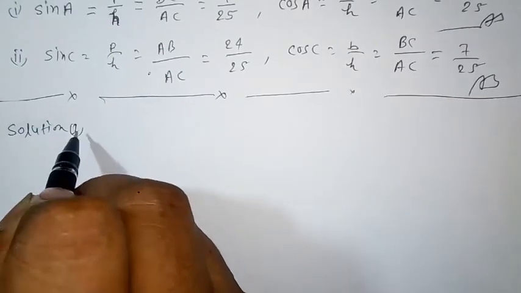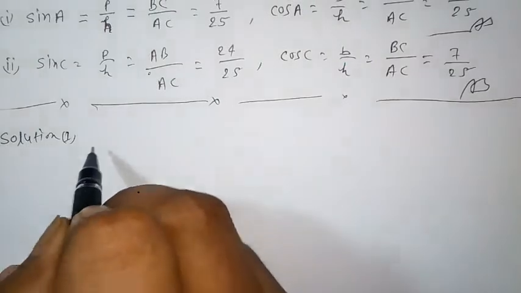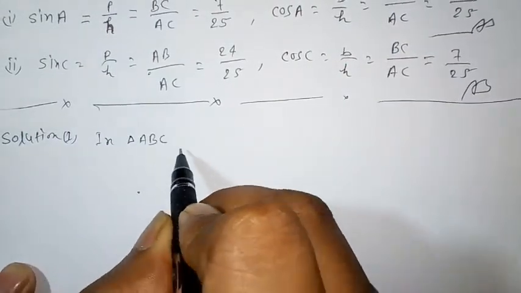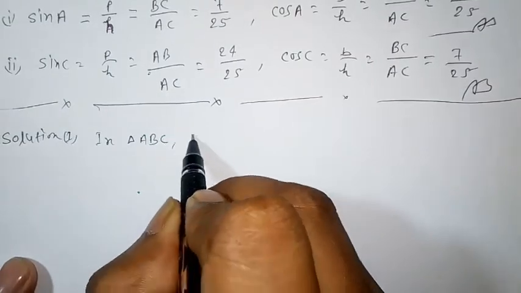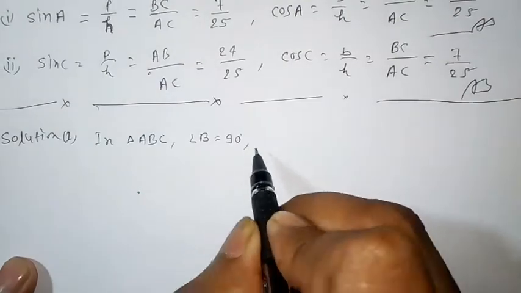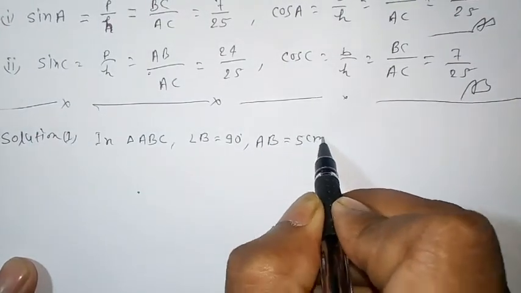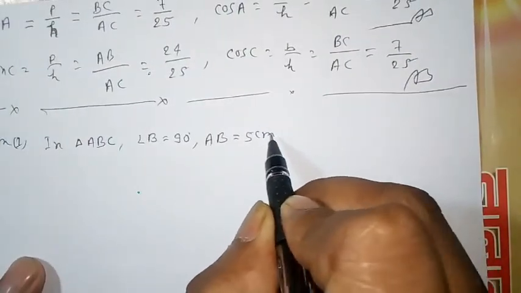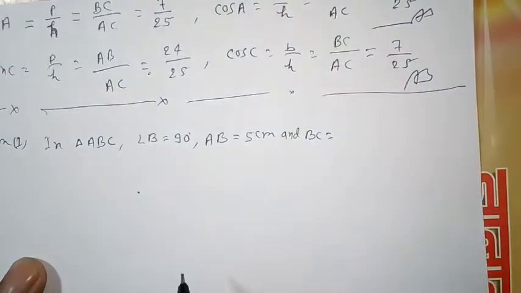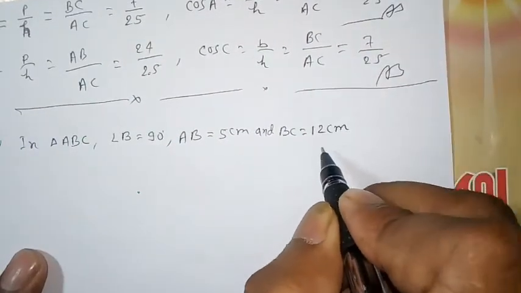Solution 1. In triangle ABC, angle B is equal to 90 degree, AB is equal to 5 centimeter and BC is equal to 12 centimeter.